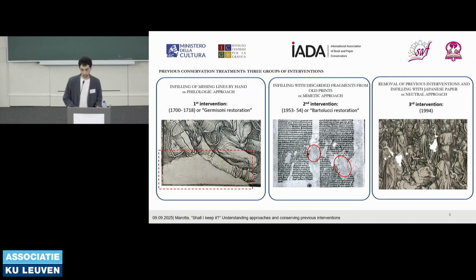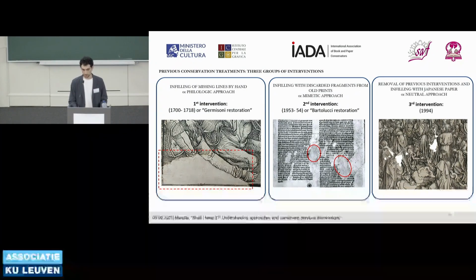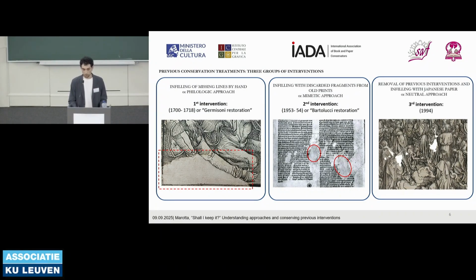The interesting part is that this group of prints was showing traces of previous interventions. This separation was not clear at the beginning to us when we encountered the possibility of carrying out this project.